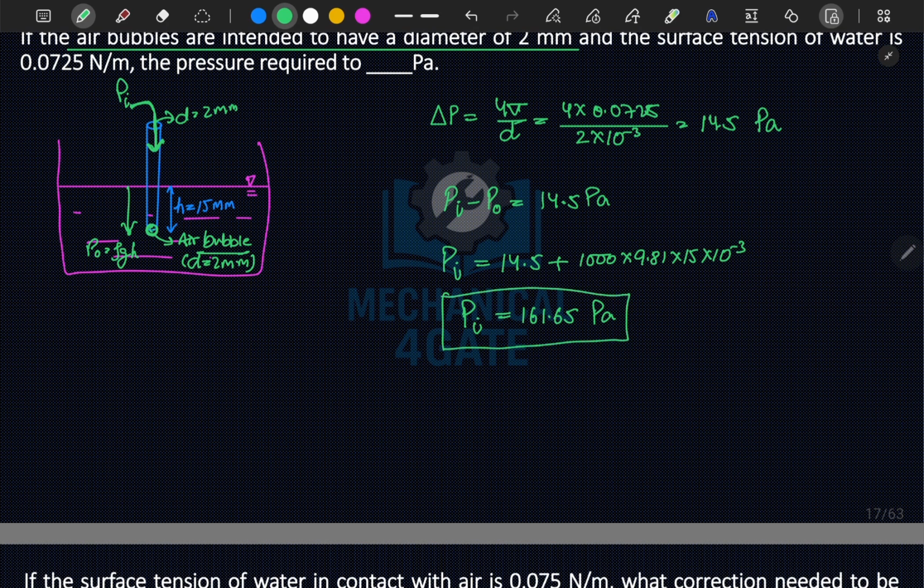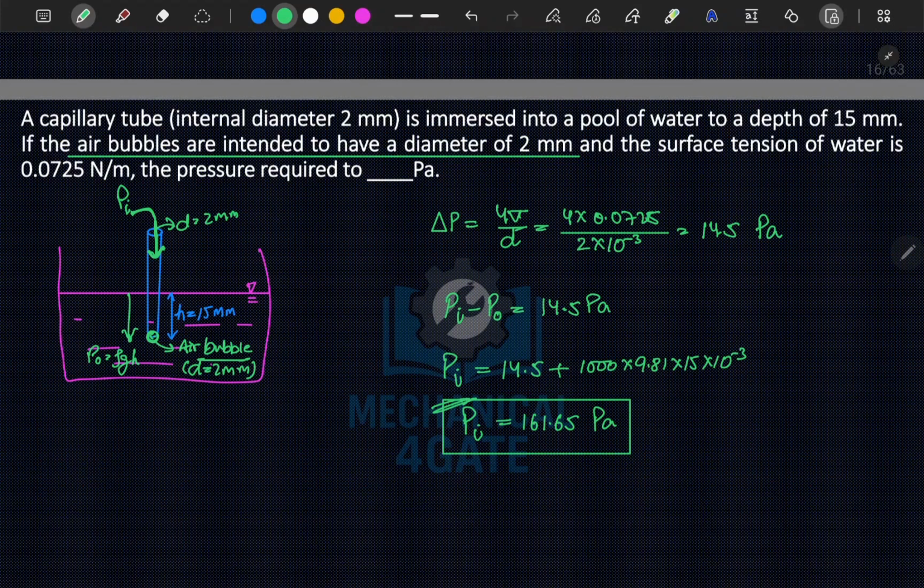I hope we are clear with this question. To complete this question, it should say: pressure required to blow air inside the capillary tube is dash Pascal.